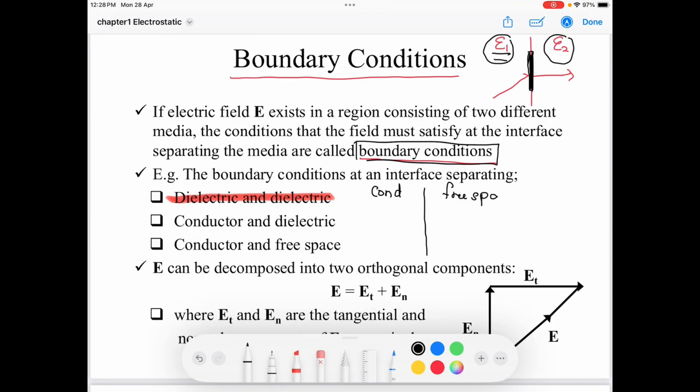So these are the conditions that we can look at, at the interface between two media.